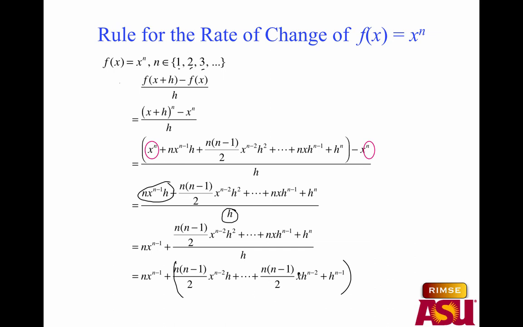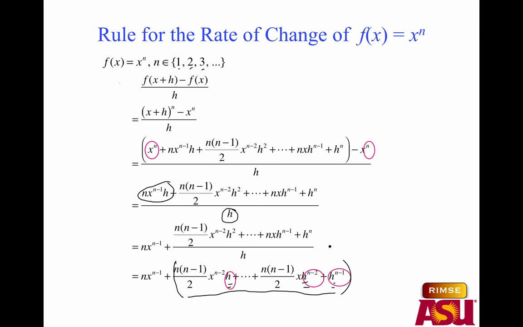So I still end up with h's in each of these terms. And so when I let h go to 0, all of this stuff in parentheses goes to 0 with it, because all of these terms are essentially becoming 0.